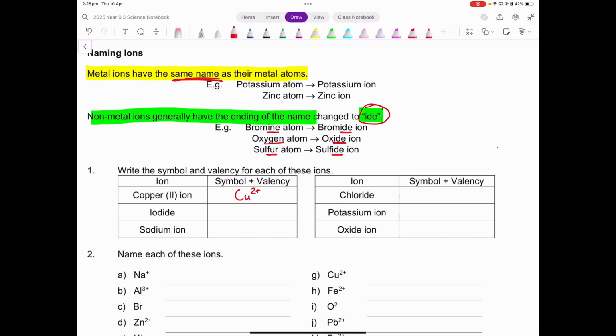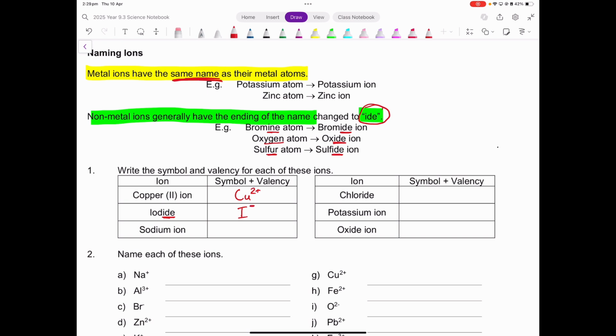Next one is iodide. Now, iodide ends in "ide", so it's going to be a non-metal. And if we have a look all the way over to element 53, you'll see iodine. If we get rid of the last part of iodine, it becomes iodide. And so iodide has the symbol of capital I, and iodide has a charge of 1-.